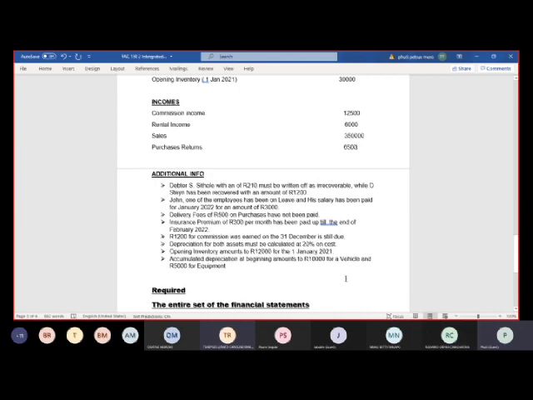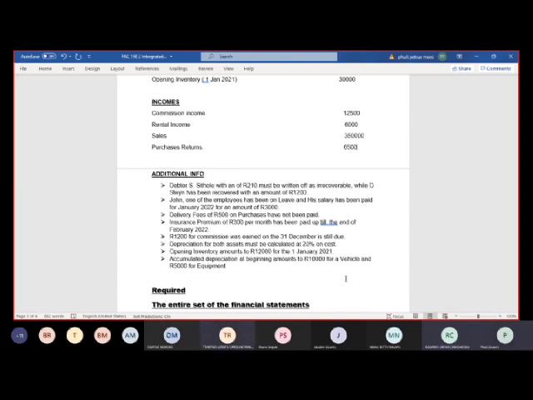Do we minus it from the commission income of 12.5, or do we just leave it for now? I think it goes on the financial position under trade receivables.